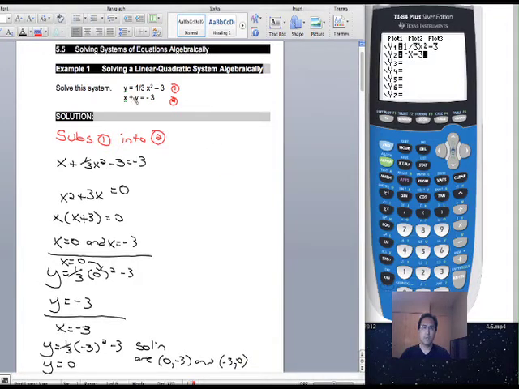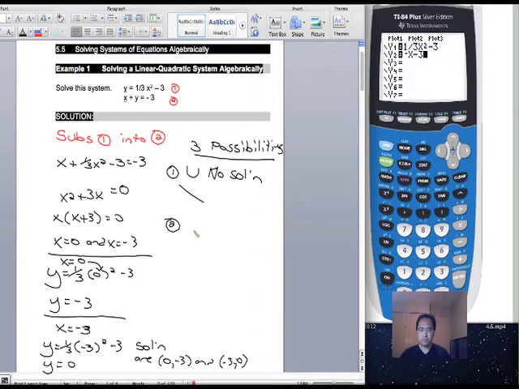Now there's 3 possibilities here. When we're talking about a linear-quadratic system, there's 3 possibilities for answers. One is in which the quadratic and the line never meet. So there's no intersection, so there's no solution for that. Just the x and the y variables will disappear and you won't be able to solve for it.